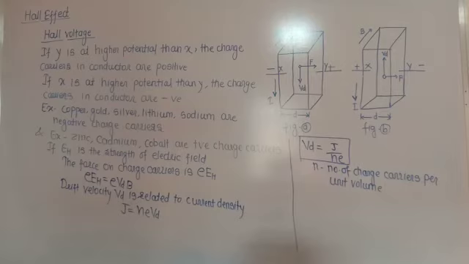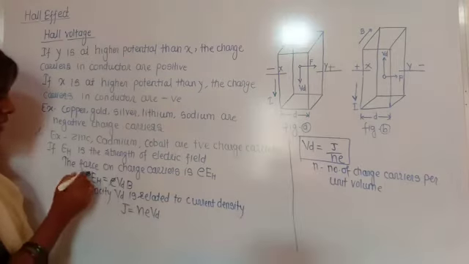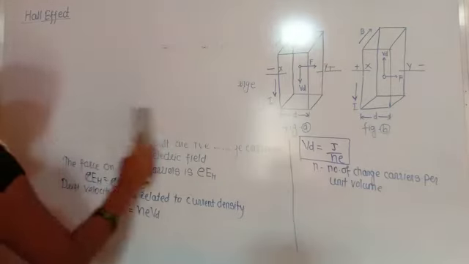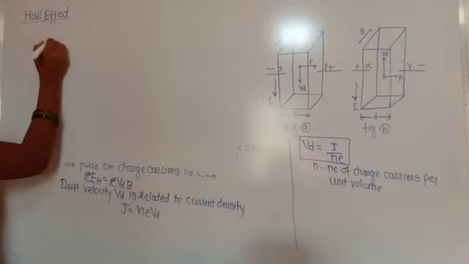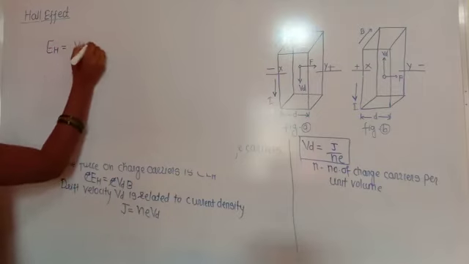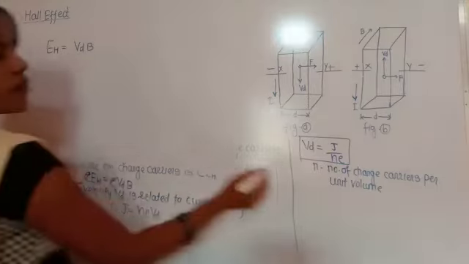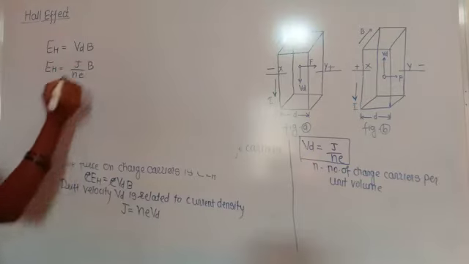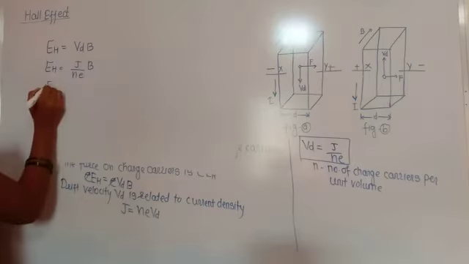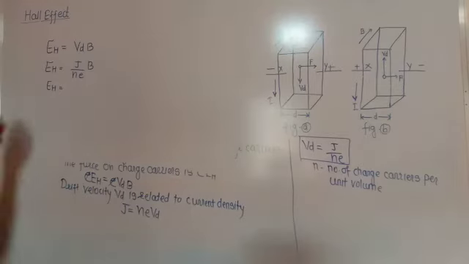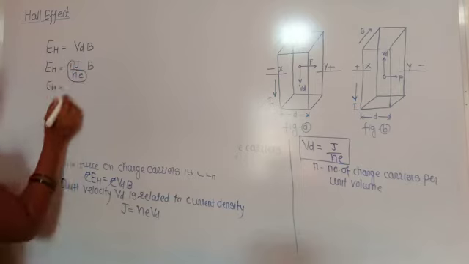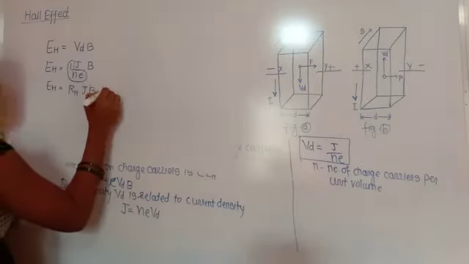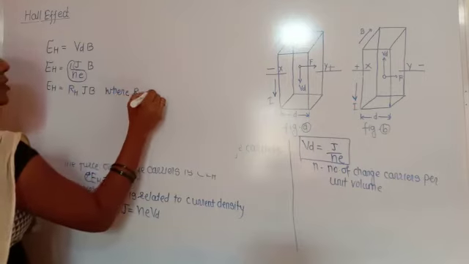Then again, from this equation, if we cancel this e, we get EH is equal to Vd into B. And we have the value of Vd, so putting this value, EH is equal to J by NE into B. Therefore EH is equal to RH J into B, since RH is equal to 1 by NE.